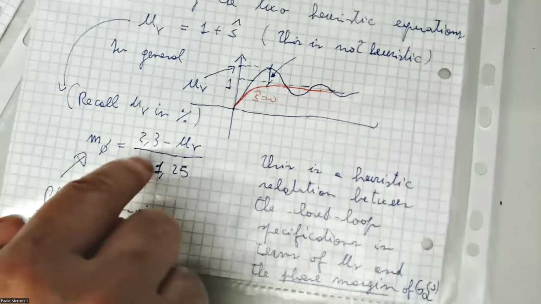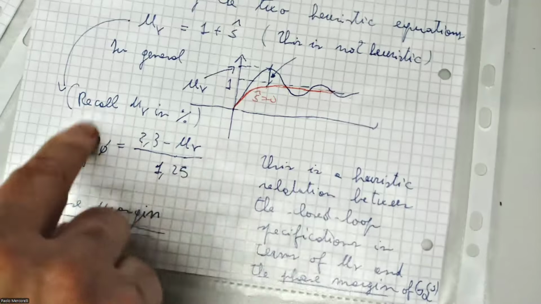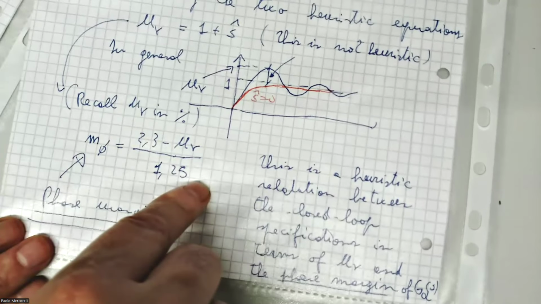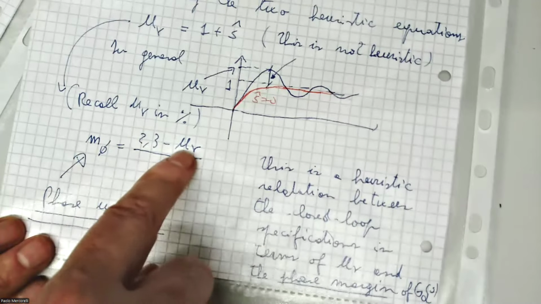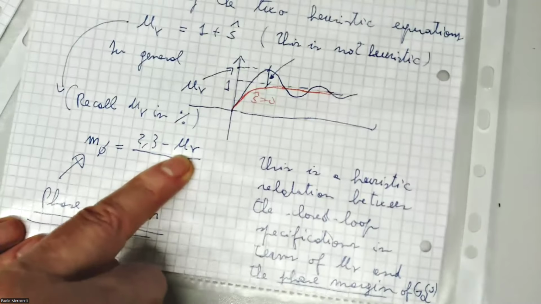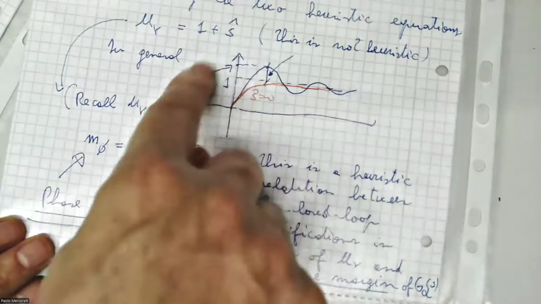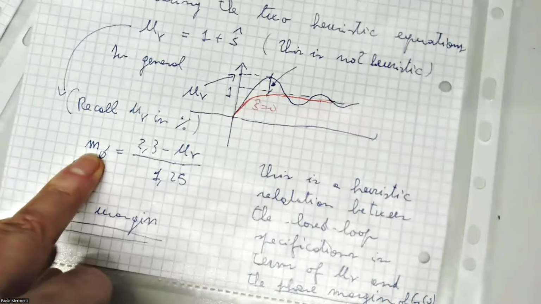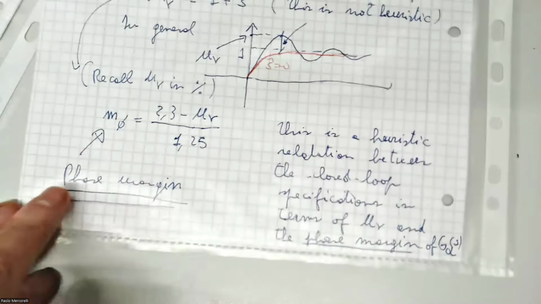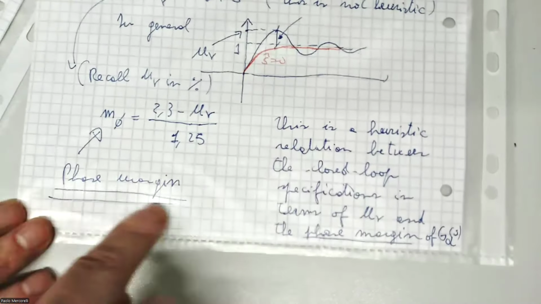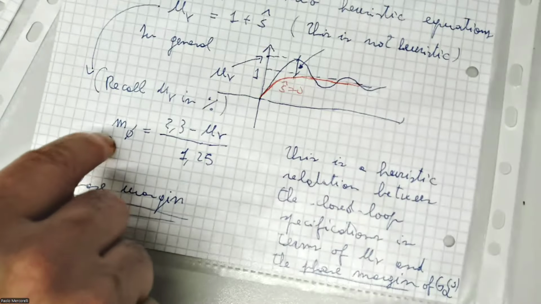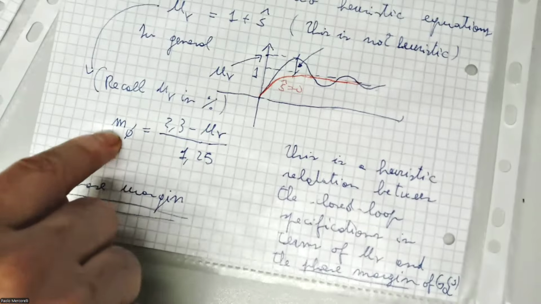to justify, but I will bring you some equations in order to understand why it's more complex. It's more complex because it's a connection between answering time. You can see this R came from the answering time, and a parameter, this phase margin, which I will define in a few minutes, which is not in time but in frequency.